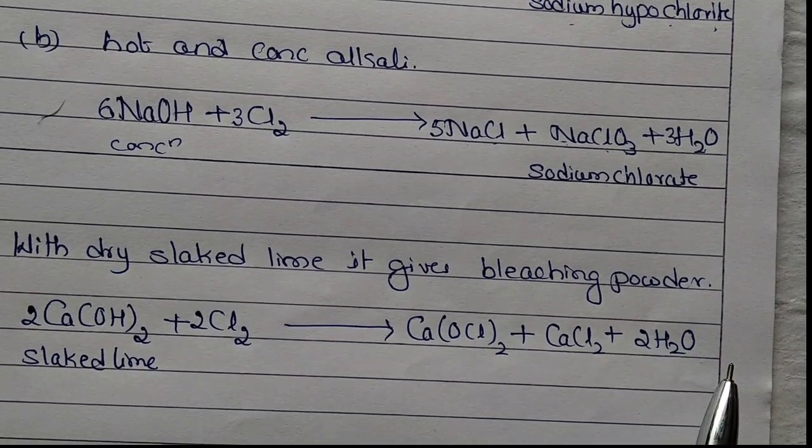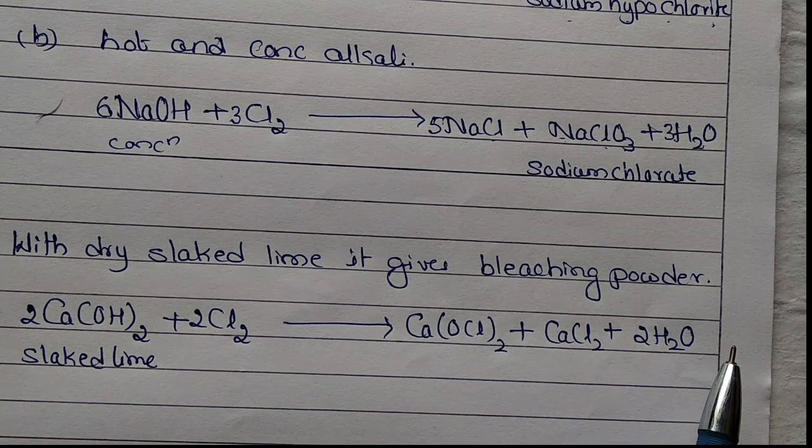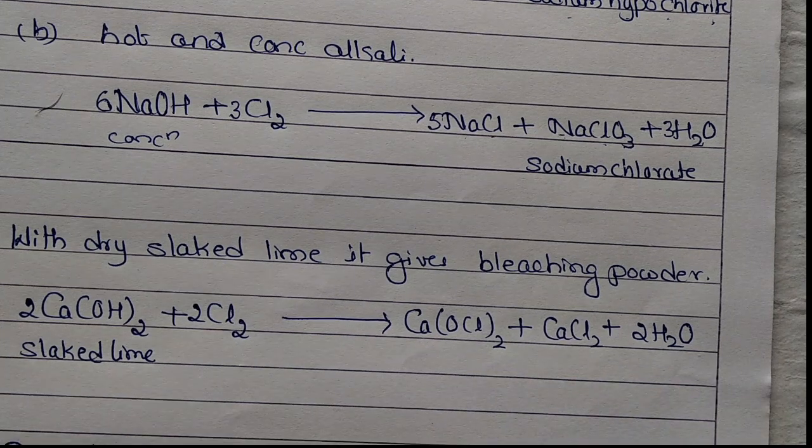Next is the reaction with hydrocarbons. Hydrocarbons contain carbon and hydrogen, such as methane, ethane, ethene, ethyne, propyne. So here chlorine reacts with hydrocarbons depending on the type of hydrocarbon, whether it is saturated or unsaturated.